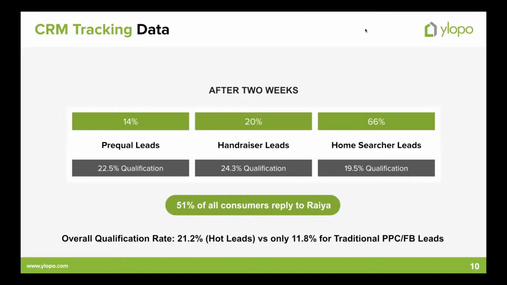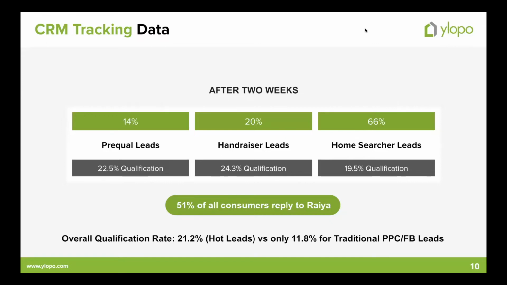So 14% of the leads are saying, I want to get pre-approved, and 22% are getting qualified, not for a loan, but like they're talking to the agent, they want to see homes, they want to talk to a lender. 24% of the people that say, please call me about a specific house, and then just people that are looking at homes. So what we're seeing is a very unusually high number of people are expecting to talk to an agent.